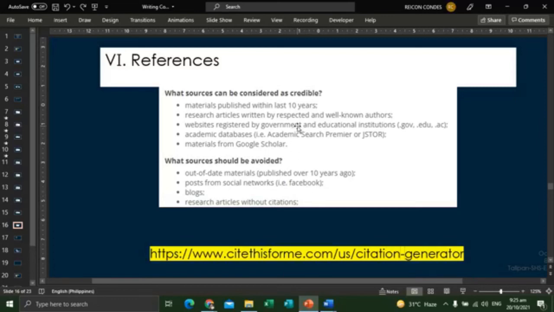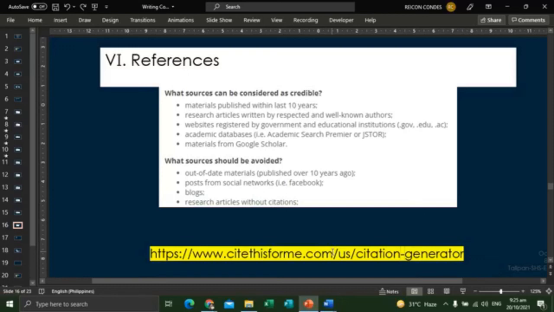So, sir, paano mag-cite sa references? So, pwede nyo gamitin itong citethis4me.com and then you choose APA 7th edition. Now, I will not provide a discussion of APA 7th edition kasi ang discussion niyan ay nasa future subjects ninyo. Nasa future PR1, PR2, and 3 Is na subjects ninyo.